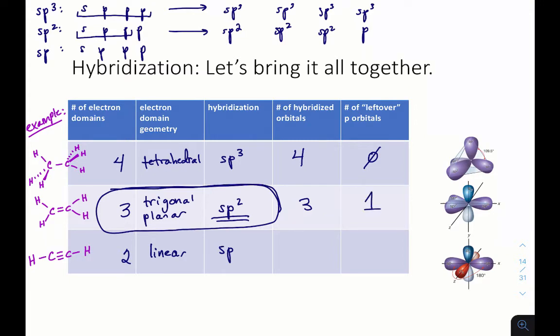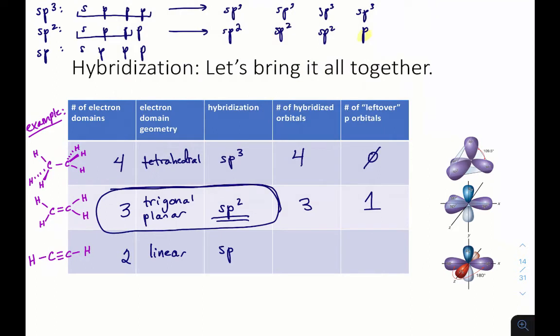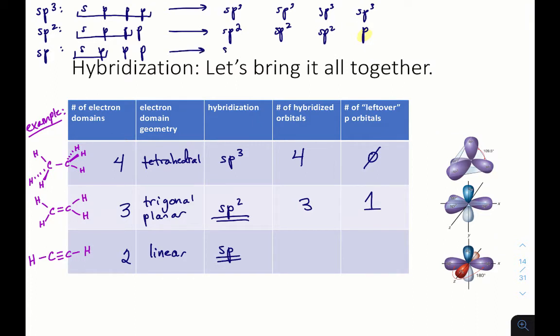There is 1 leftover p orbital that was not hybridized. Finally, for 2 electron pair domains and linear electron domain geometry, the atom will be sp hybridized. One of the s orbitals and one of the p orbitals combine to make 2 sp orbitals, and then there will be 2 leftover p orbitals.